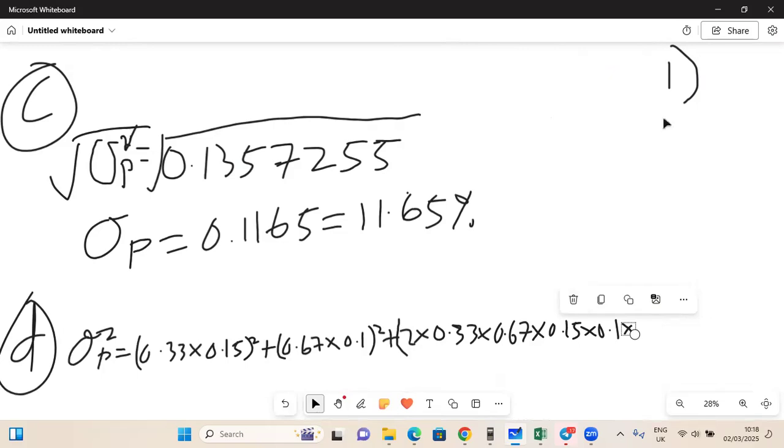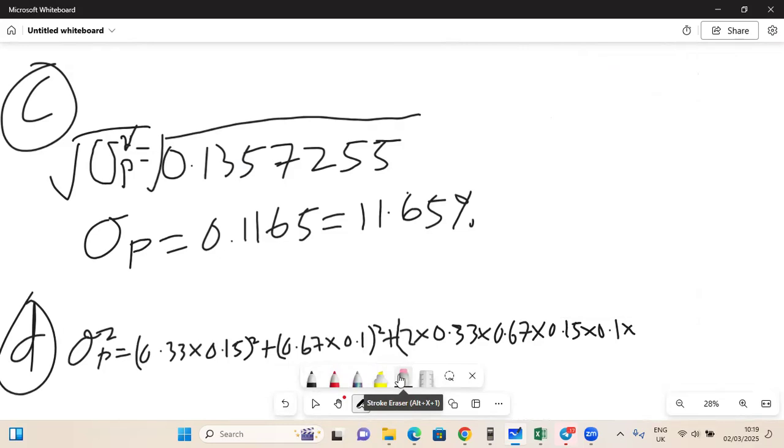Instead of one, what we are going to put here is 0.4, because that's what they told us.